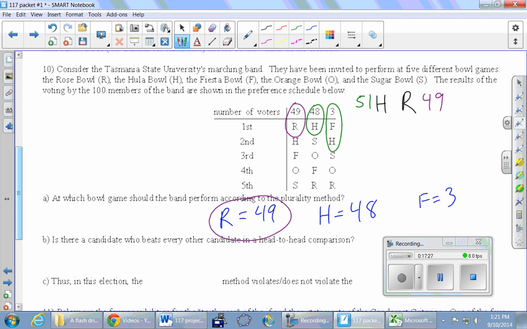That means if there's going to be somebody that beats everybody head-to-head, who does it have to be, H or R? It's got to be H, because R just lost a head-to-head. So the only other things we need to look at are the H comparisons. For example, H versus S, and H versus O, and H versus F. I think we can see that H is going to destroy everybody, because as long as you get rid of that purple R in the first column, H is second place for those people, right?